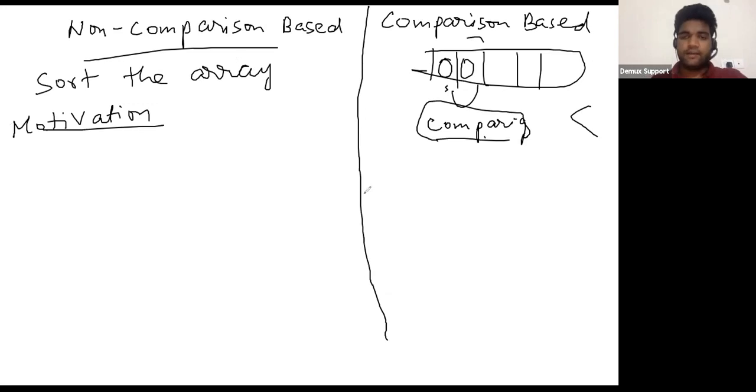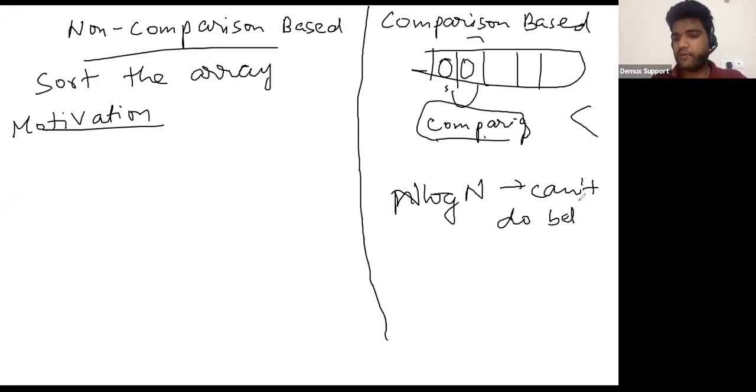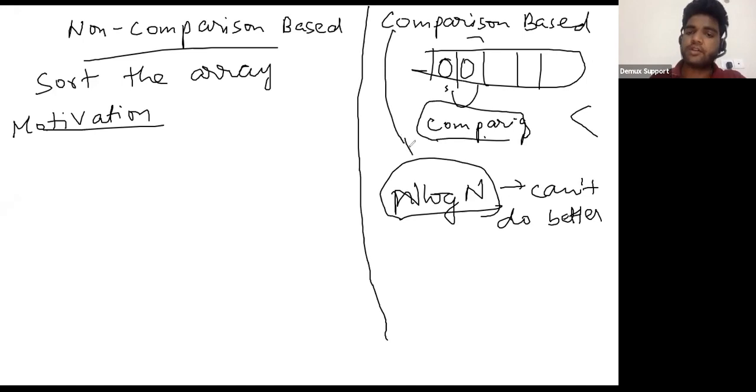In comparison based sorting algorithms, the theoretical lower bound for sorting is n log n. So you cannot do better than this. This can actually be proved, that there will be at least n log n comparisons in any comparison based sorting algorithm to sort a sequence. So you can't do better than this.